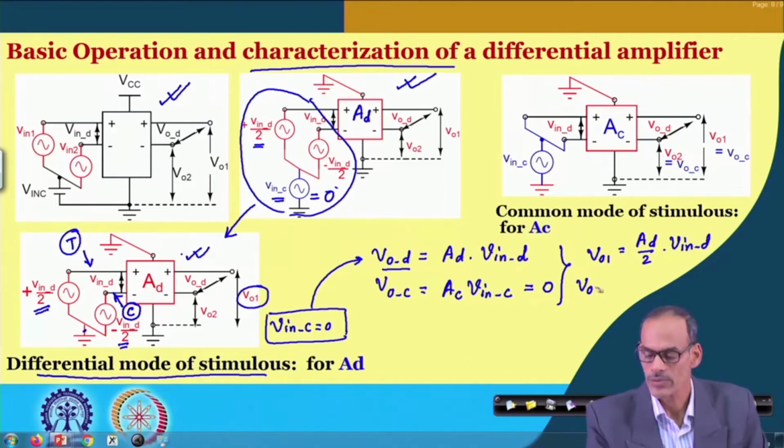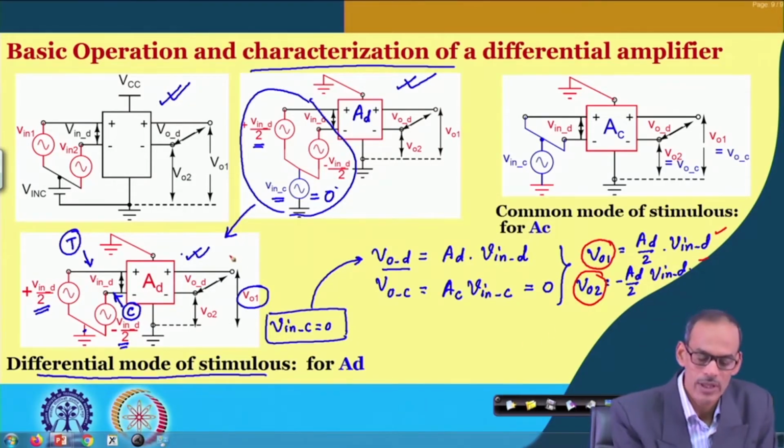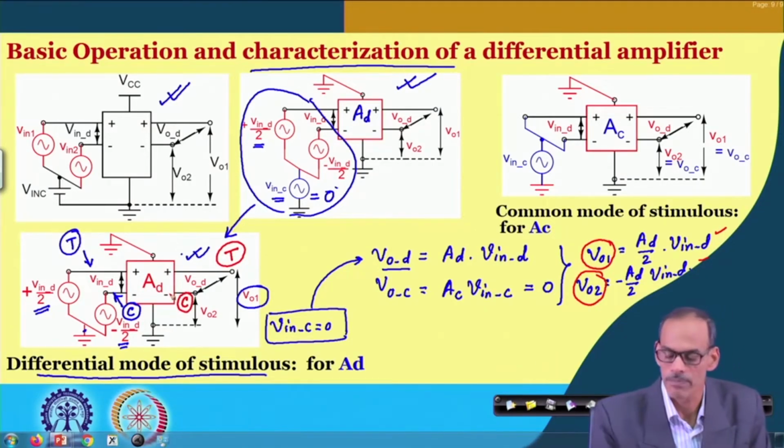On the other hand, VO2 equals to minus AD by 2 into VinD. So what we can see here is that these two outputs are perfectly complementary to each other. We may say that this is the true output and this is the corresponding complementary output.